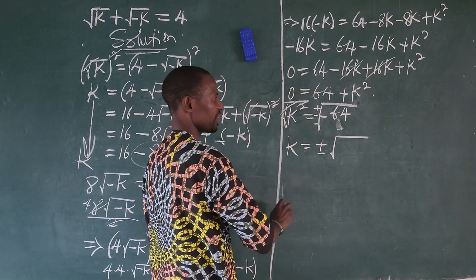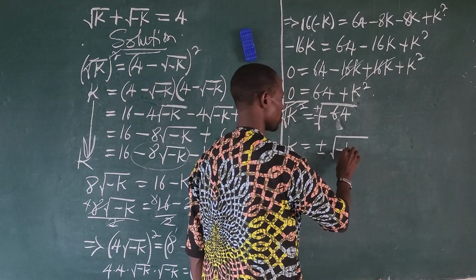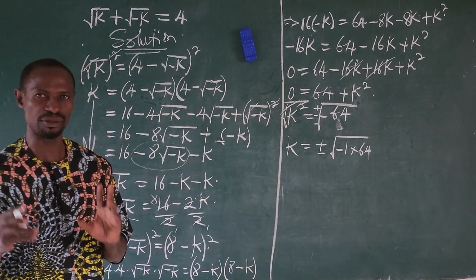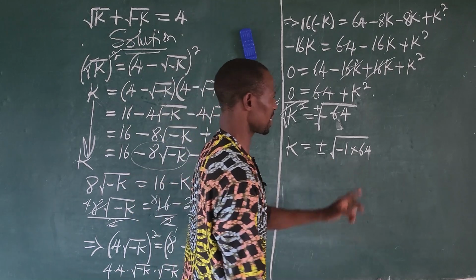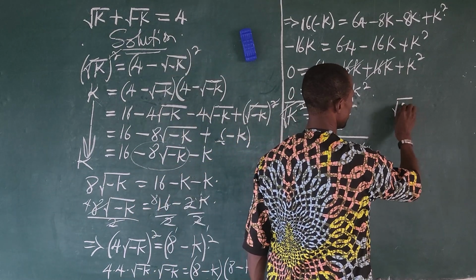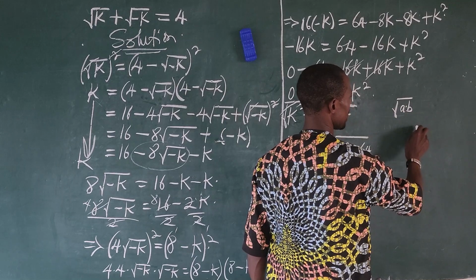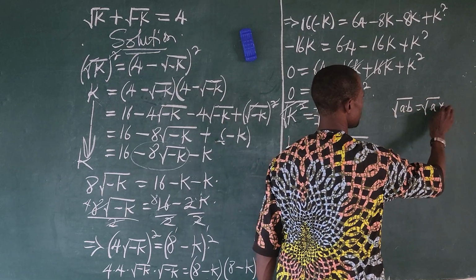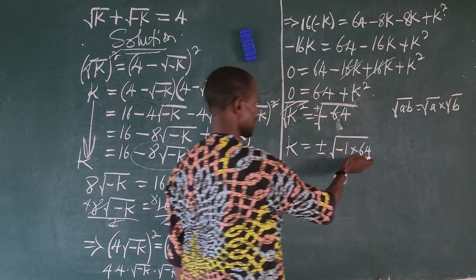This expression could be written as minus 1 times 64, and according to the law of surds, we can separate this. The law says that if you have root of a times b, that's root a times root b. So we can separate this.